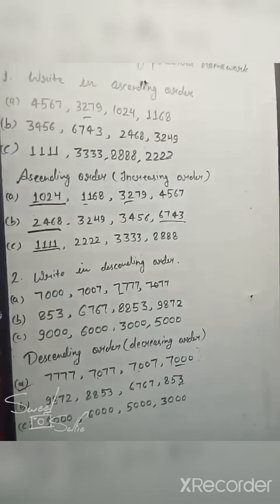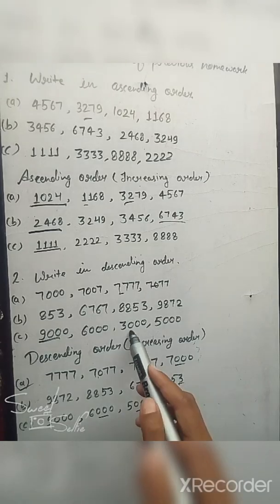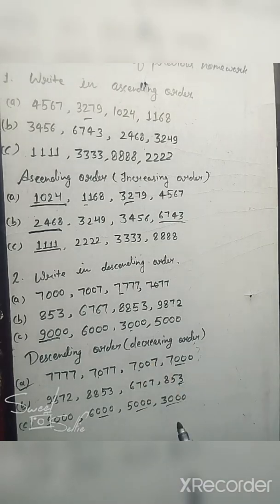Look at C. In C, 9000 is greatest number among these numbers. So we will write it first: 9000, next 6000, next 5000, and next 3000. 3000 is smallest number, so we will write it in last.